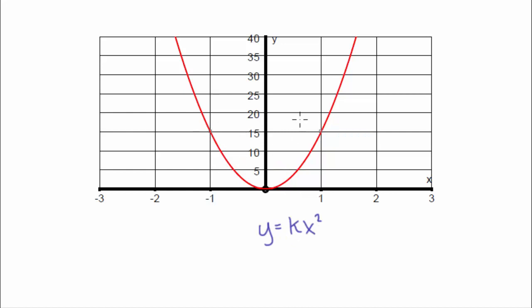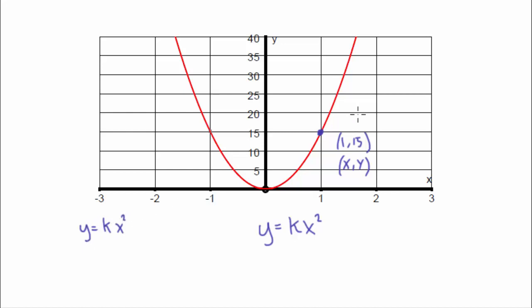Quite often they'll put it on graph paper, and they might even highlight some points on it, and they do that for a reason. If I look at this point here, that is 1, 15. That's your x coordinate, and that's your y coordinate. So you just put these values into the equation: y equals kx squared.